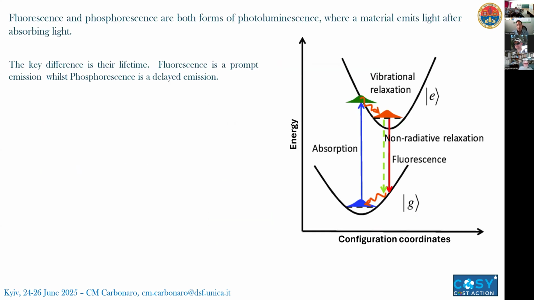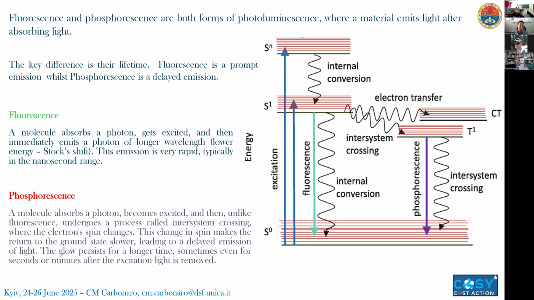Okay. Usually, the representation of fluorescence and phosphorescence is given by a configuration coordinates plot, where we represent the energy of our levels, and then we have the absorption, the non-radiative relaxation from the system down to the bottom of our parabola, which is of course an approximation of the band, and then we go back to the ground state by emitting some light in terms of fluorescence or phosphorescence, depending on the time that this emission takes.